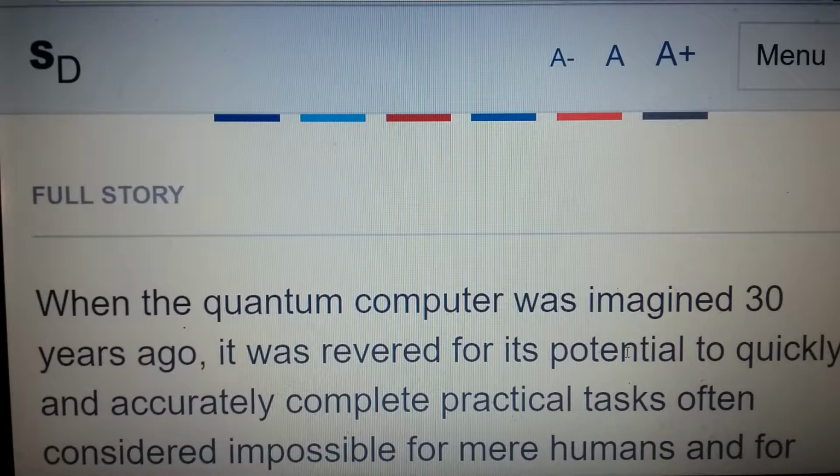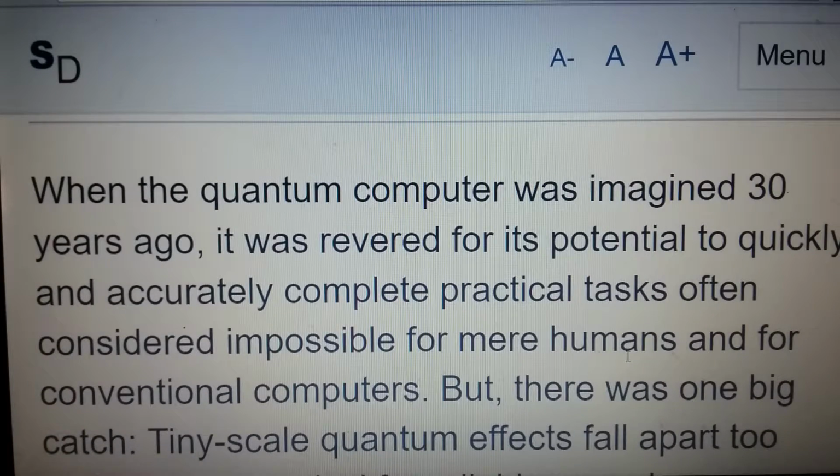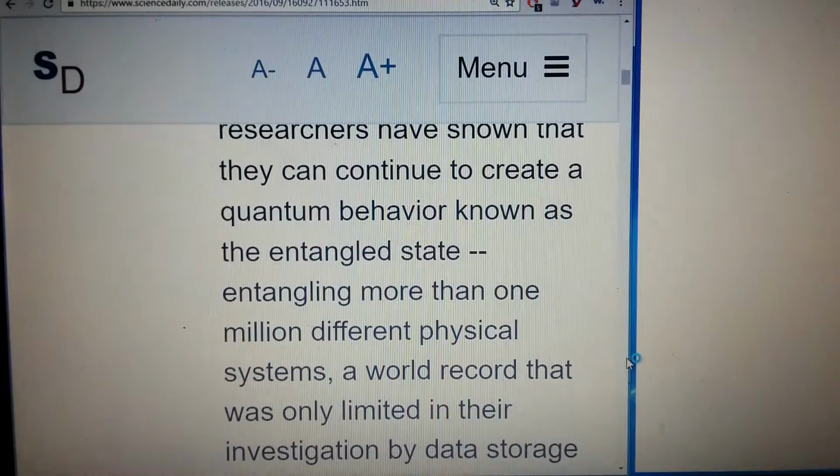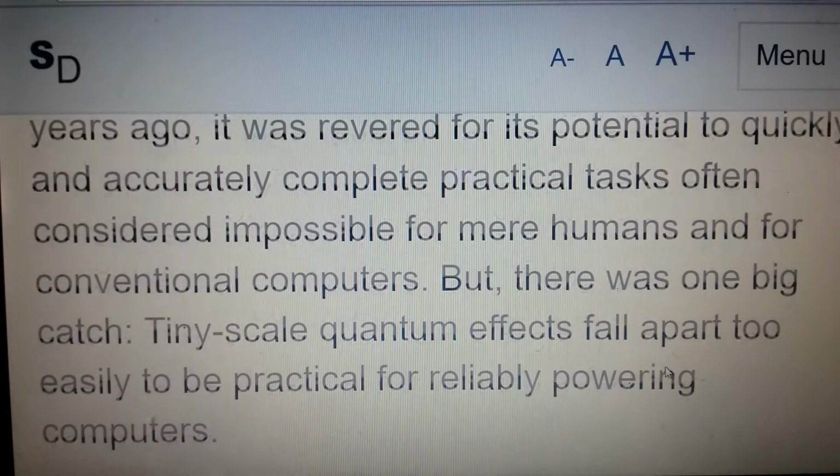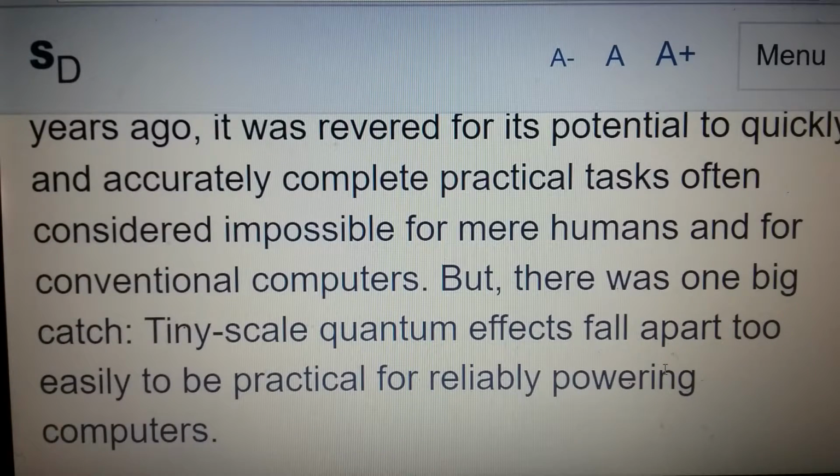When the quantum computer was first imagined 30 years ago, it was revered for its potential to quickly and accurately complete practical tasks often considered impossible for mere humans and for conventional computers.